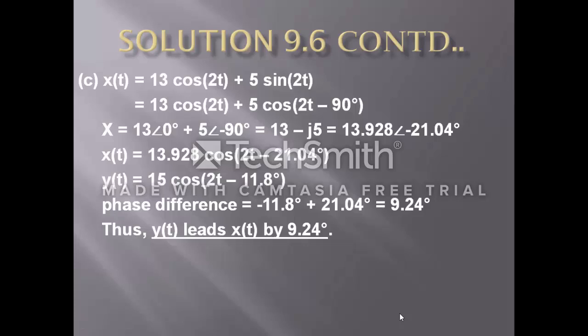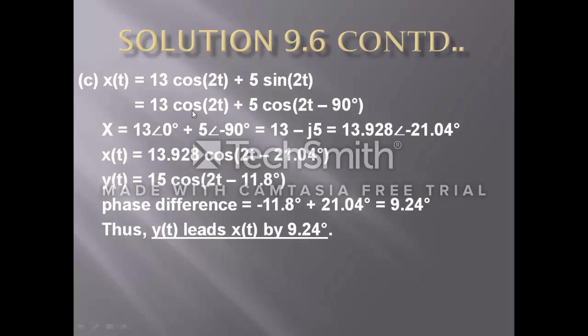And the last part of the question is x(t) equal to 13 cos 2t plus 5 sin 2t. Here we have to convert the sine expression into a cos expression by using sine theta equal to cos theta minus 90, and we get 5 cos 2t minus 90.